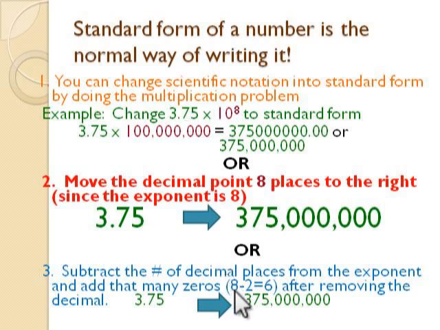So we do 8 minus 2. So the exponent minus the number of decimal places in the first number equals 6. And so what we're going to do is keep the 3, the 7, the 5, and add 6 zeros. So that would be the shortcut way. All right, time for some practice.